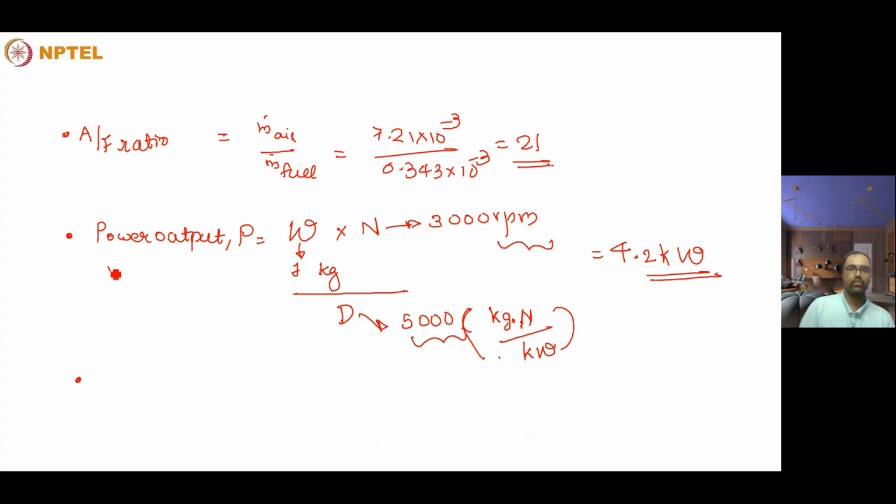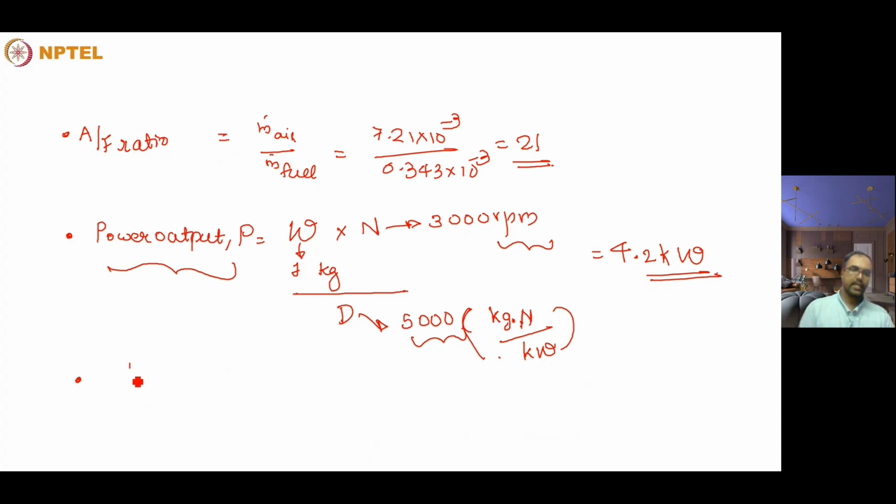So the value of the power output is equal to 4.2 kilowatt, and we need to calculate the brake specific fuel consumption as well as the brake thermal efficiency.